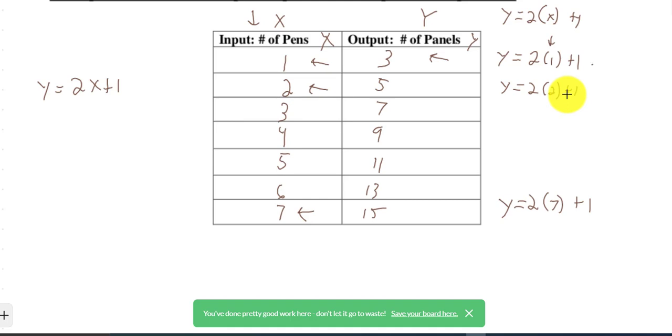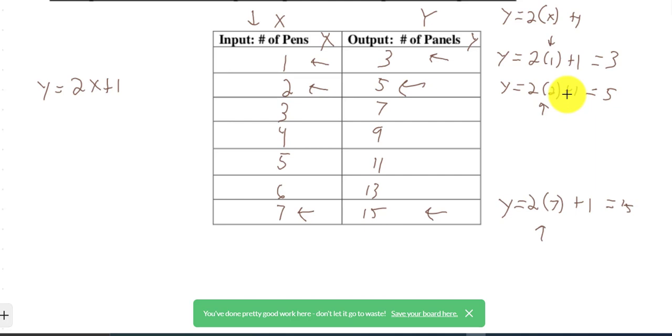So when I do this, I get 2 times 1 is 2 plus 1 is 3. Here's 2 times 2 is 4 plus 1 is 5. And here's the 5. So 2 times 7 is 14 plus 1 would be 15. So it works. The question is, what about 20 pens?